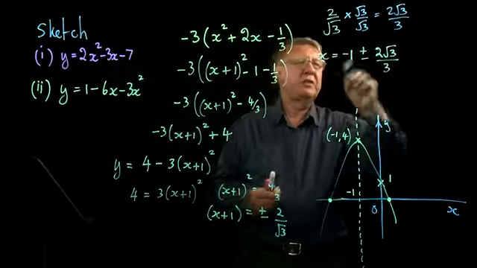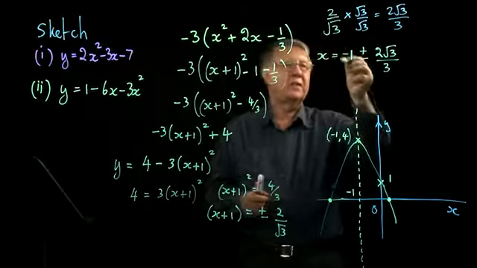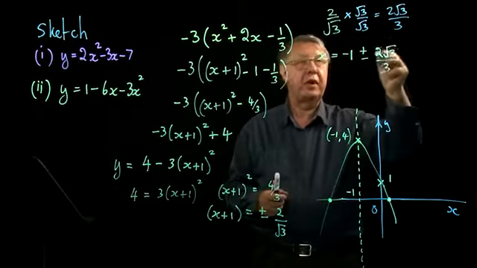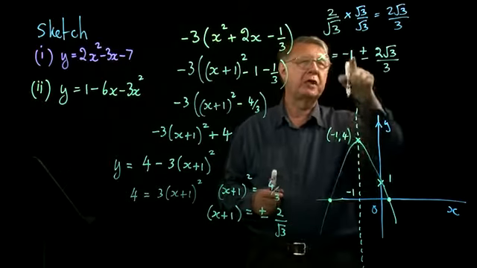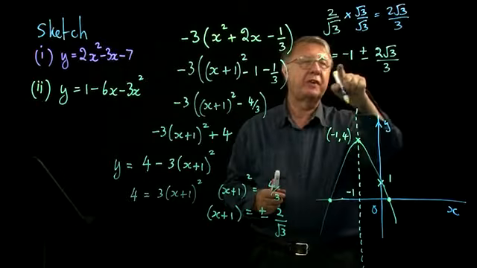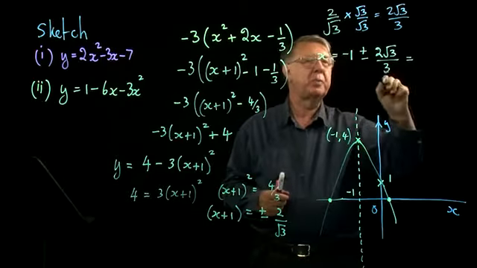I'm a little nervous about that as an answer because this is a whole number, this has got a fraction in it. I would prefer you to write the 1 as 3 over 3, and then I can write this as a single line. I think that looks better.